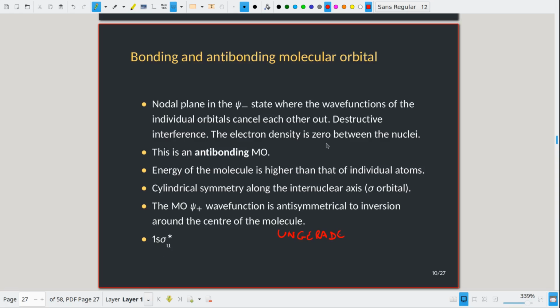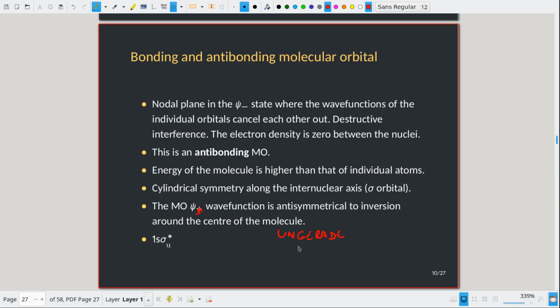It's still sigma, because it's still cylindrically symmetrical with respect to the internuclear axis. In this case, we indicate with a star, which represents the fact that this is actually an anti-bonding molecular orbital, and then it's antisymmetrical to an inversion around the center of the molecule, so ungerade.